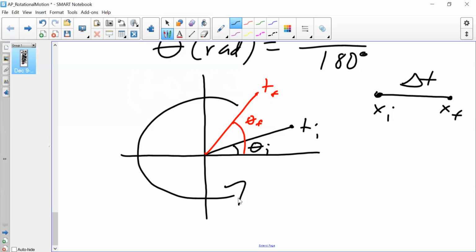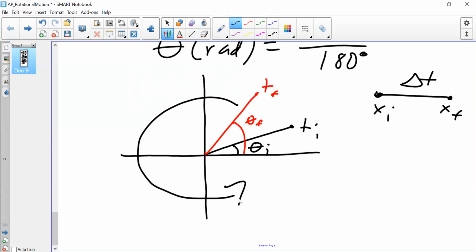So we start from the basics and we go upward. Again, counterclockwise, those are positive angles. We know that from back in the day. So if I'm now not going from one position to the next, but from one angle to the next angle, theta initial to theta final, then I don't talk about linear displacement. I'm talking about angular displacement.